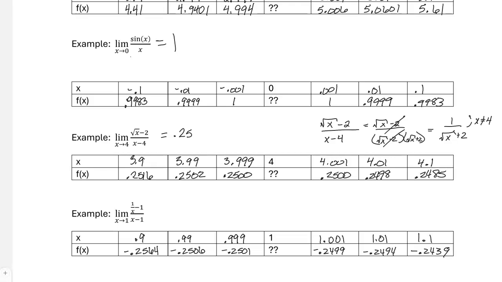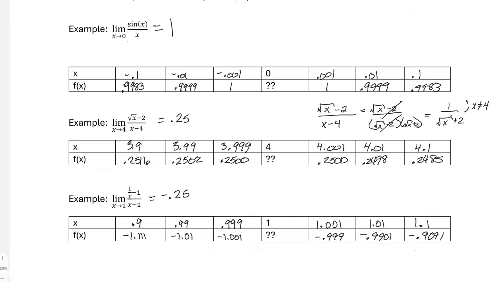And that next one, we're getting close to 1, so we could choose these x values. And when we evaluate, we see those y values are getting close to negative 0.25. Let me fix that. I was looking at the wrong thing and I apologize for that.